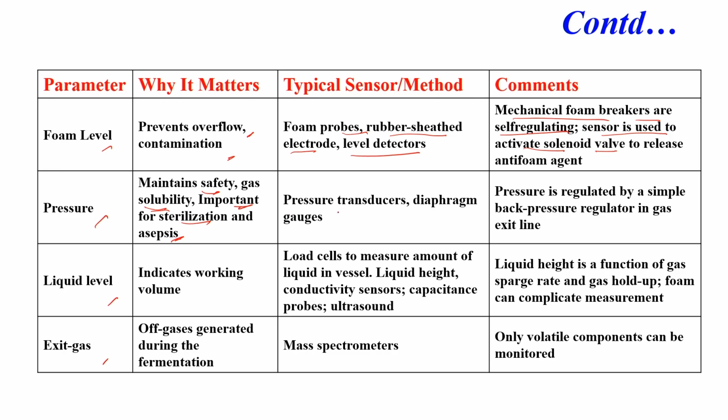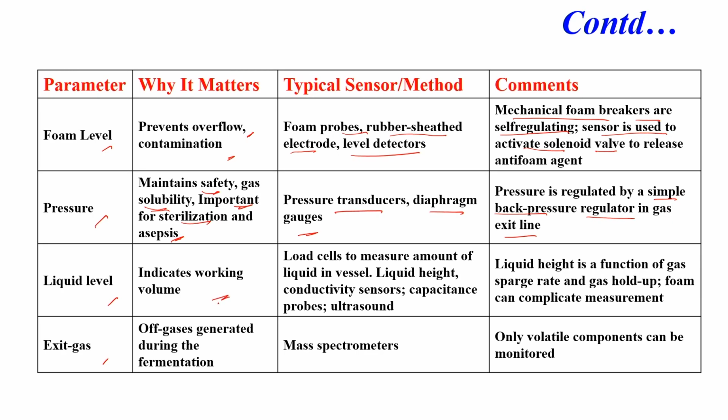How is it monitored? There are pressure transducers or diaphragm gauges. Pressure is regulated by a simple back pressure regulator in the gas exit line, and using that regulator you are able to control the pressure of the vessel.